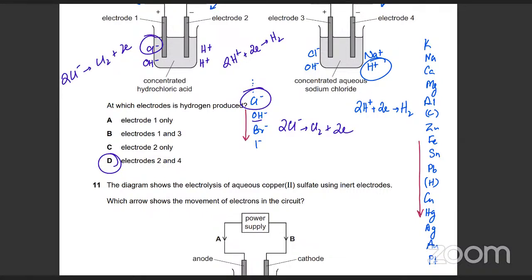At the anode, if Cl- is concentrated, then it's always Cl-.